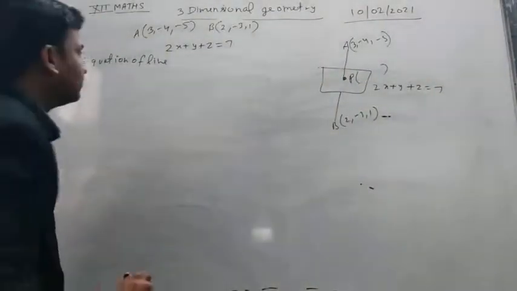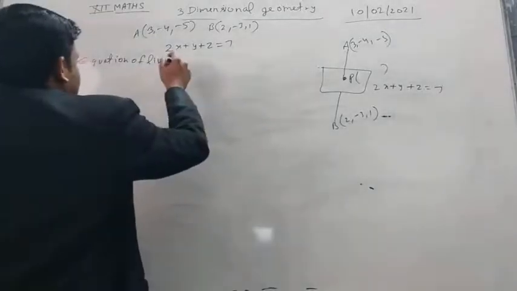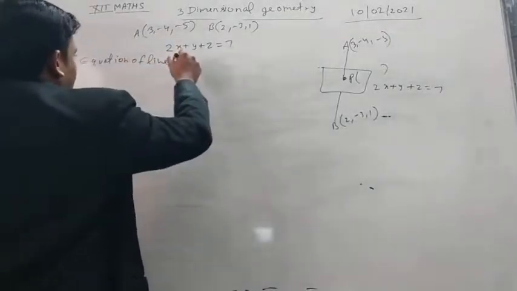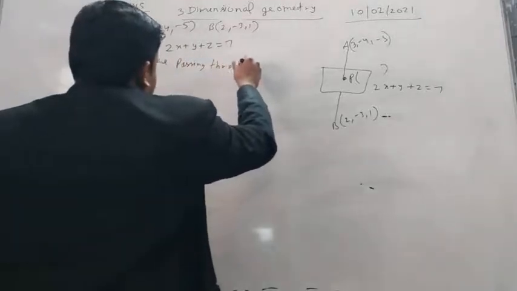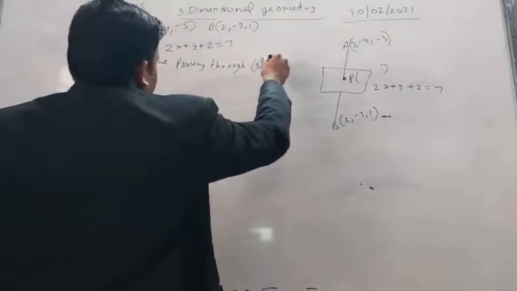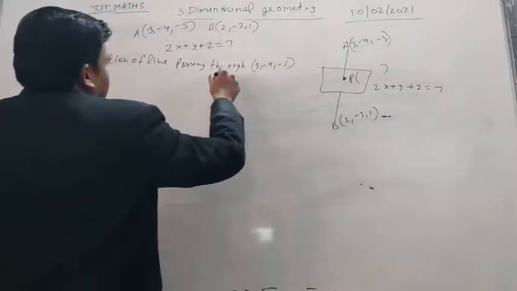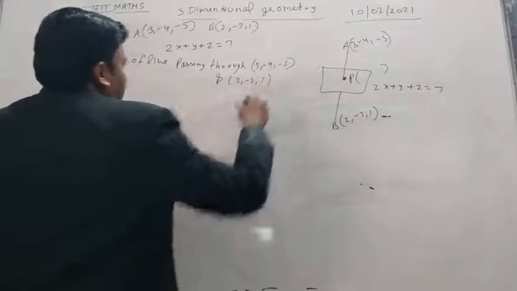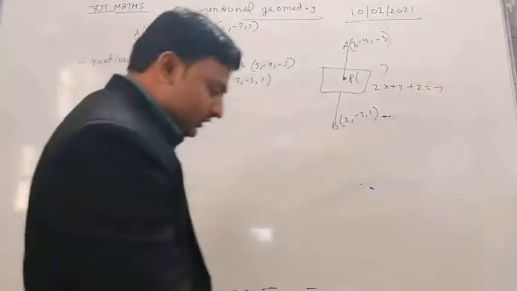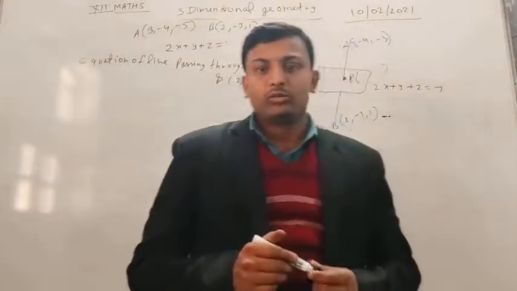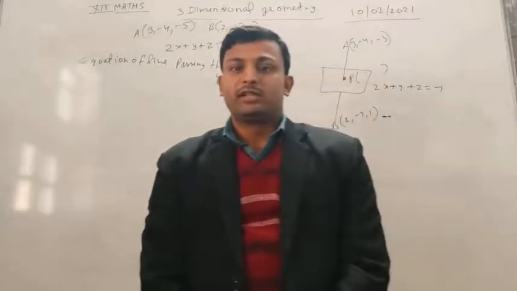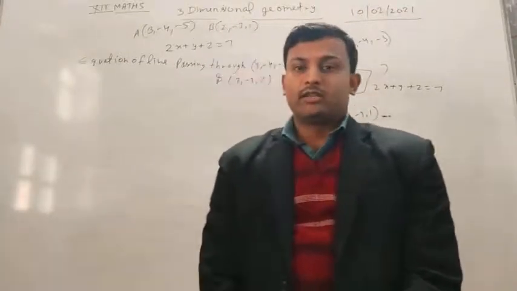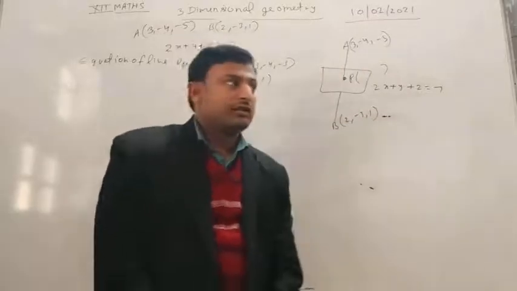Okay, so we will find the equation of line passing through 3 minus 4 minus 5 and 2 minus 3 1. So we know the formula of equation of line passing through 2 points is x minus x1 by x2 minus x1 is equal to y minus y1 by y2 minus y1 is equal to z minus z1 by z2 minus z1.